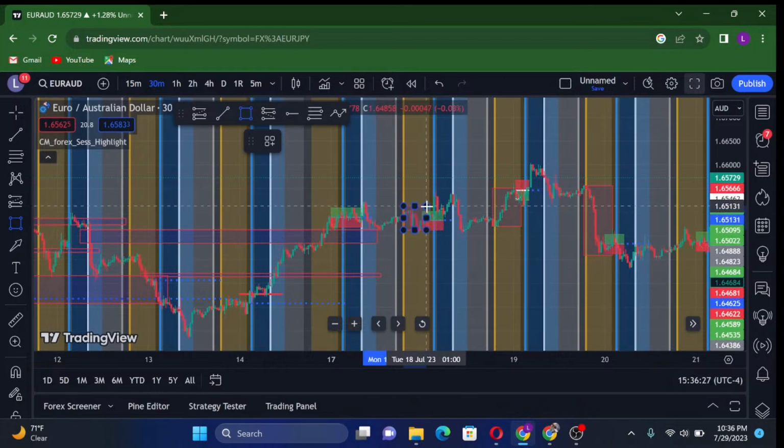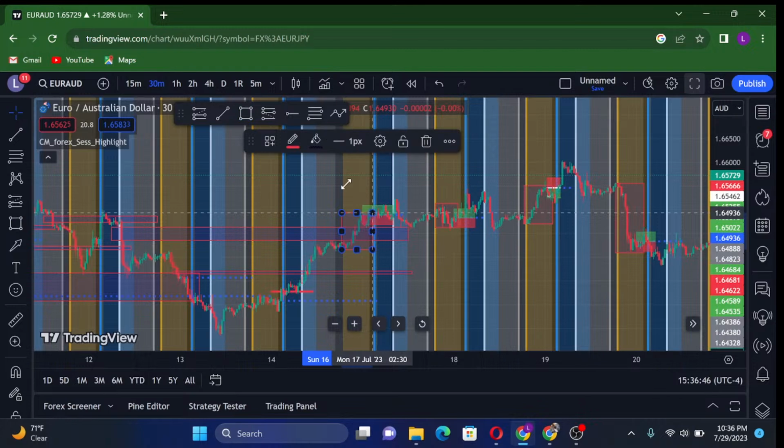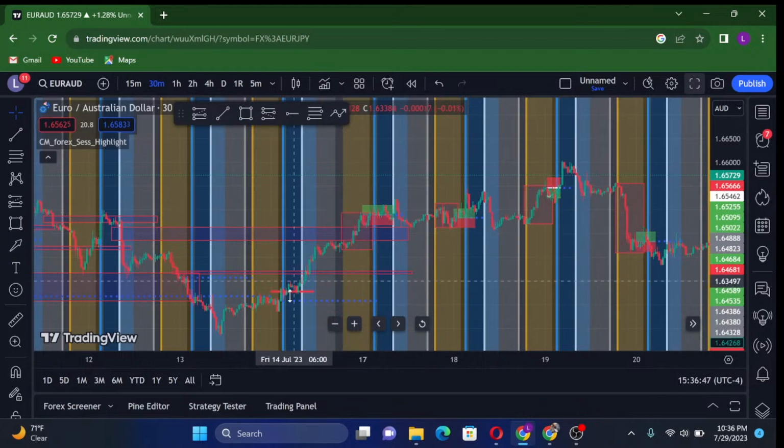You can see on this week the market is reacting very well. I'm going to show you why I'm saying that, because I'm seeing it hitting the highs and then respecting and moving back down. That's what we want.